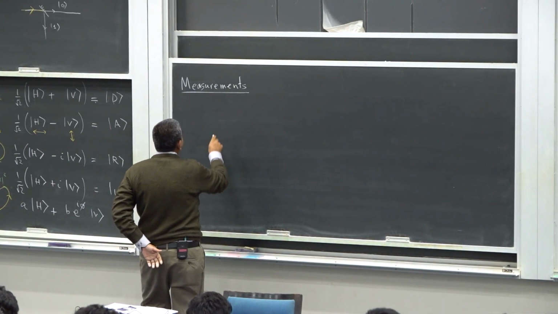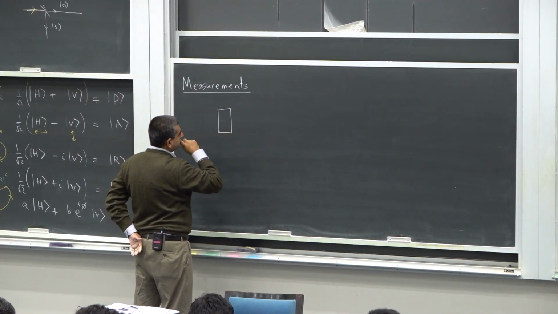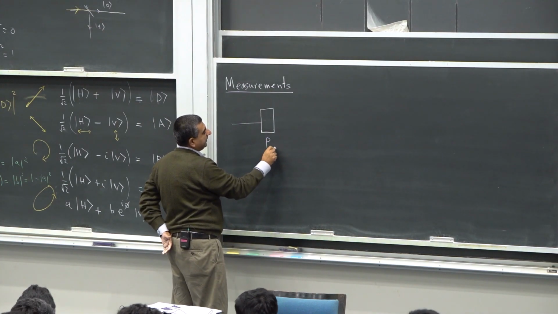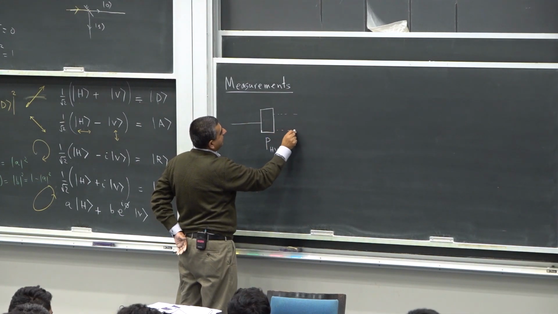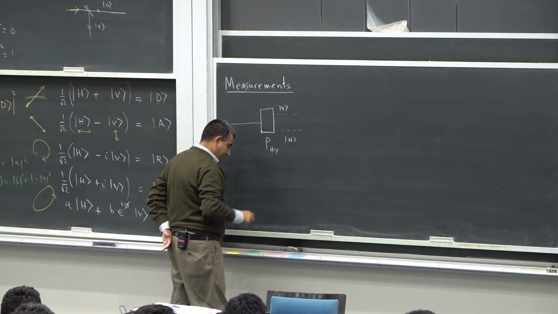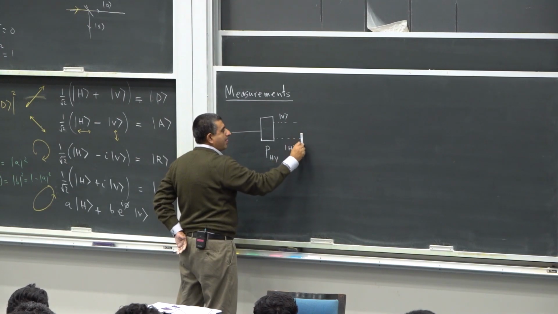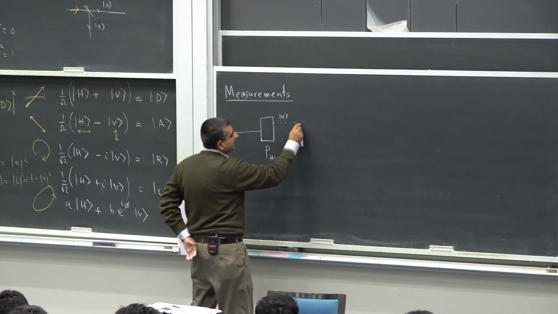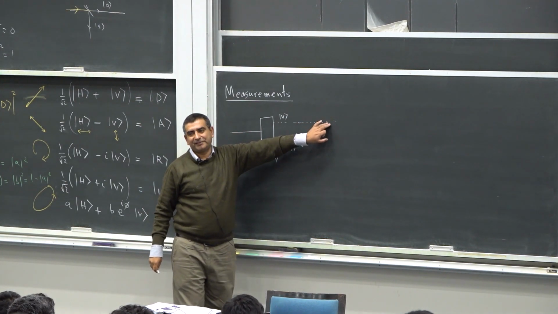Right, so suppose I have a polarizing beam splitter PHV, two output channels, a ket H channel and a ket V channel, and I put a block here. And then I look at this channel alone.